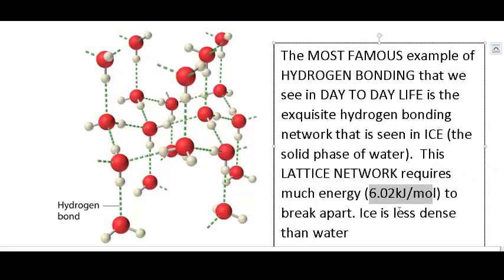Remember, the SI unit of energy is joules. It takes about 6,000 joules of energy just to break 1 mole of ice. Okay, 1 mole of ice, which is about 18.01 grams of ice. So 6,000 joules of energy, so that is a lot.